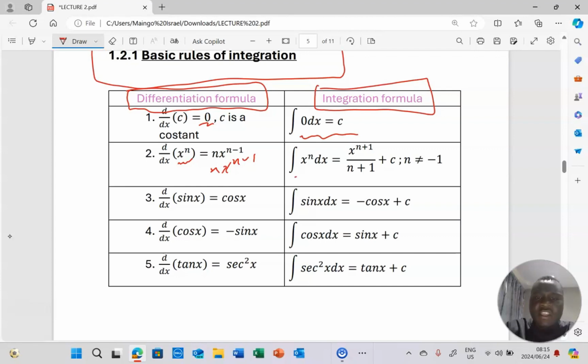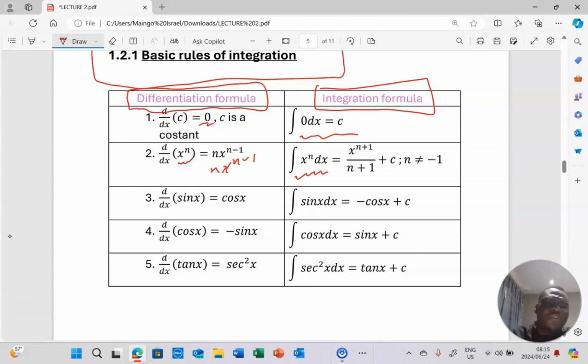But the integral of x to the power n dx, as we talked about yesterday, is we add 1 to the exponent and divide by that new exponent, which is x to the power n plus 1 over n plus 1, plus a constant c, provided that n is not equal to -1. Because if it's -1, then the denominator will be 0, which is a taboo in mathematics.